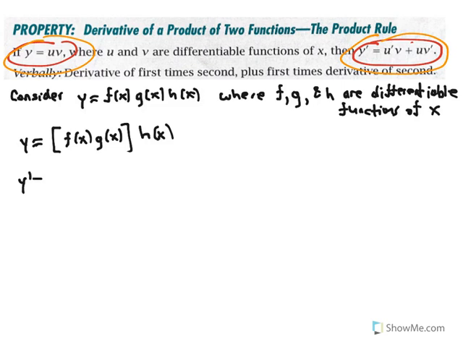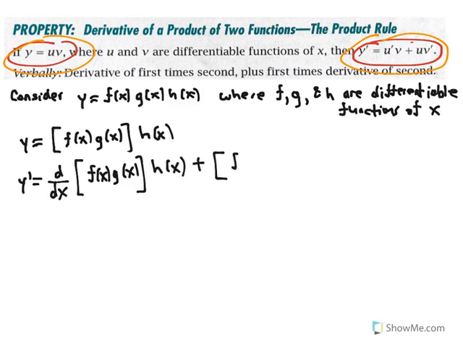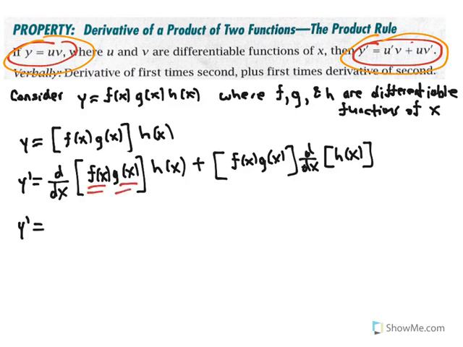So y prime, using the product rule that we've been using, would be the derivative of the first function times the second plus the first function times the derivative of the second. And of course, what you have here is a product of two functions f and g.